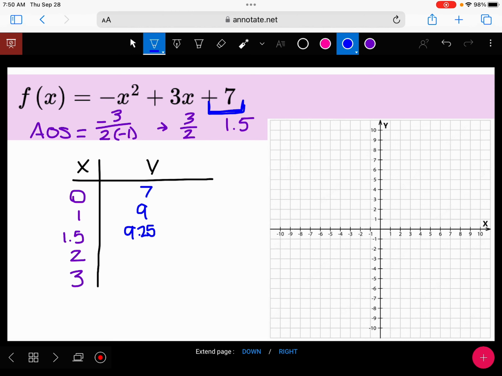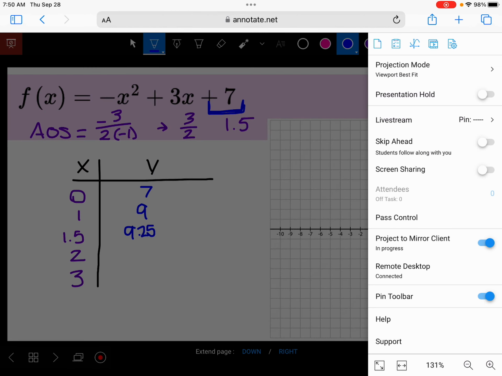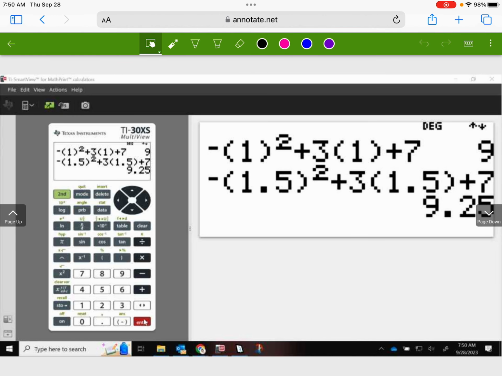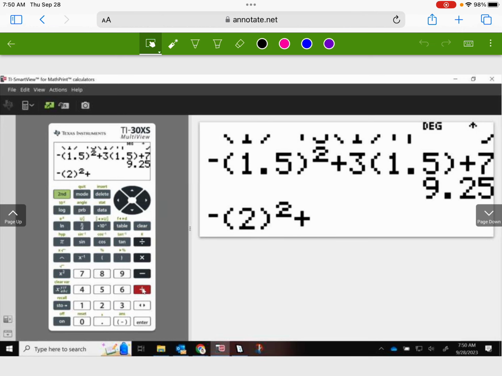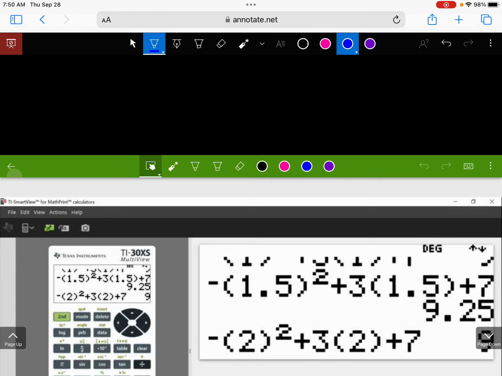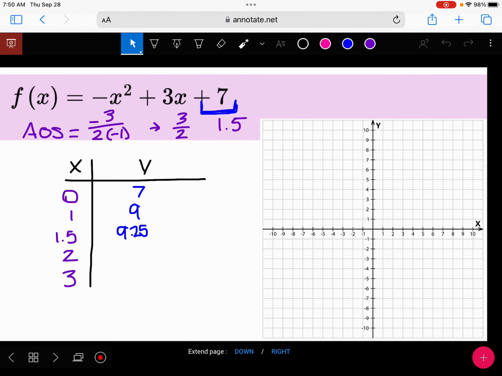We can go to some whole numbers nearby, and you don't have to use these. You could have gone out a little farther if you wanted to. Let's do 2 and 3, and then we'll plot this up and see what's happening. So we have the opposite of 2 squared plus 3 times 2 plus 7, and we get 9, which is good.